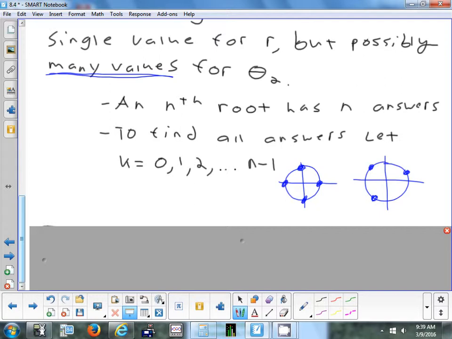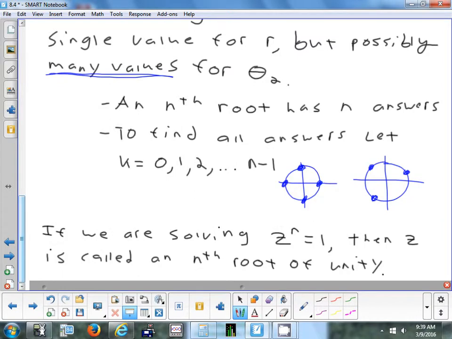Uno. Right? Unity starts with a UN. So I don't know if that really helps, but if they ask you to find roots of unity, basically that just means find the roots of 1. Find the square root of 1, find the cube root of 1, things like that. So if you see directions with the word unity and you don't like the word unity, cross it out and write the word 1. On the test, I'm going to write the word 1. But if you see it in the book, I just want you to know unity means 1.